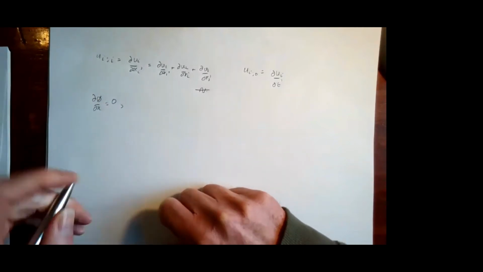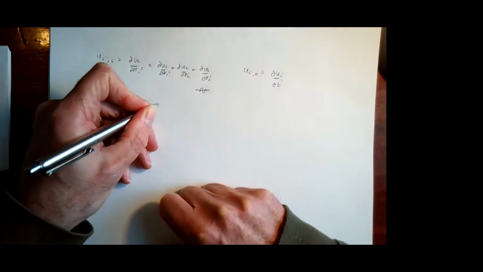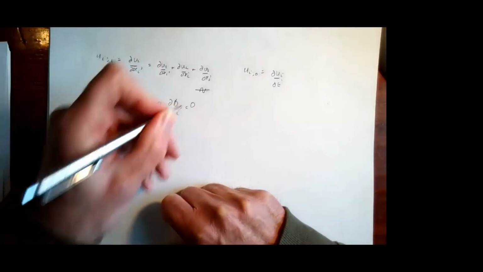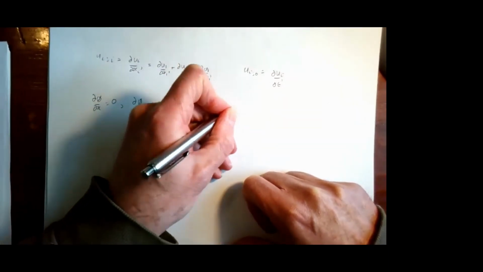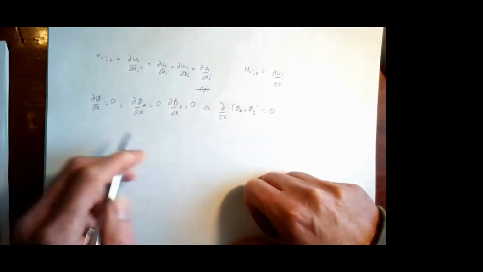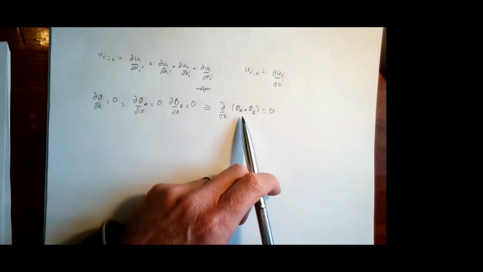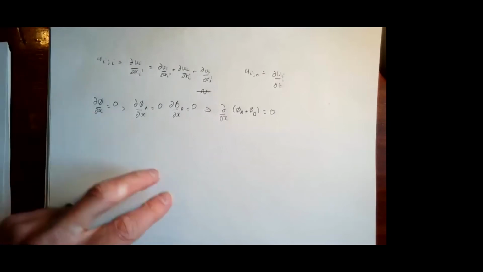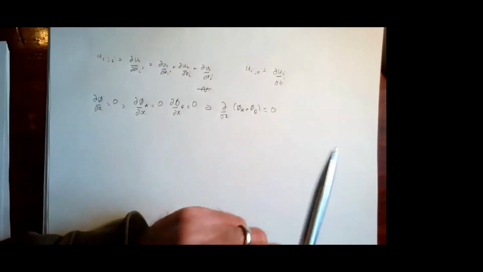If you looked at solutions of those, dφ_a/dx equals 0 and dφ_b/dx equals 0, then you can generate a second solution, which is d/dx of (φ_a plus φ_b) equals 0. So when you have a linear differential equation, you're able to generate extra solutions by a linear superposition of solutions you already have. And so finding a general solution is quite straightforward.